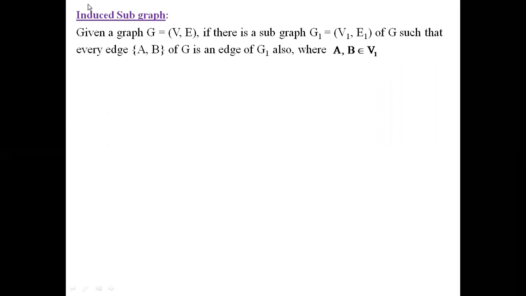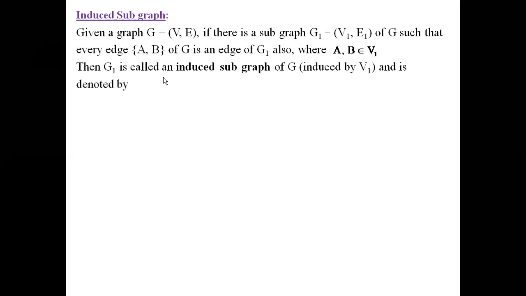All the edges that we are considering should exist in the graph G as well as in the graph G1. So every edge AB of the graph G is an edge of G1 also. For whatever vertex set V1 we consider, we take all the edges that exist in the given graph G among those vertices.